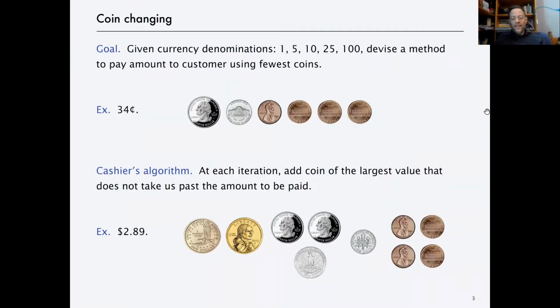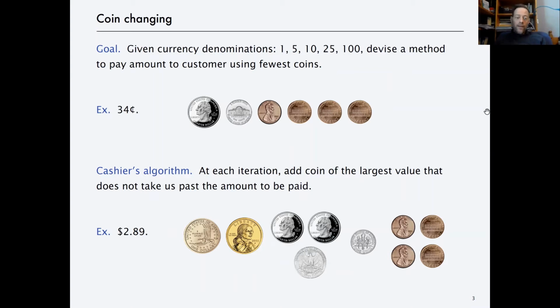So you want to give the customer their change, but you want to use the fewest number of coins. Here, for example, we have 34 cents. Then we will always select the largest denomination we can use. In this case, it's 25 because 100 is too high.